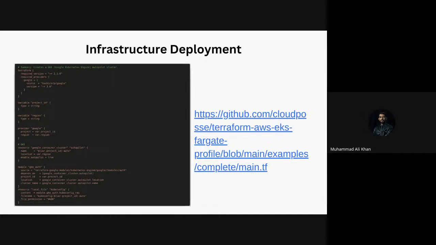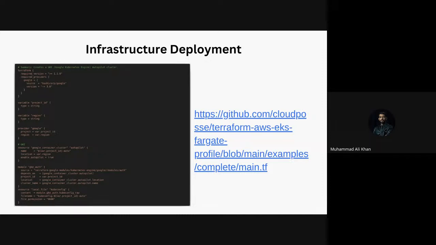This is the default behavior of the GKE Autopilot provisioning method. But when we are using Terraform for an EKS Fargate profile, you have to set up the subnets, the VPC, and the EKS cluster itself, and then configure the EKS Fargate profile, which tells AWS what namespaces EKS Fargate will be managing.